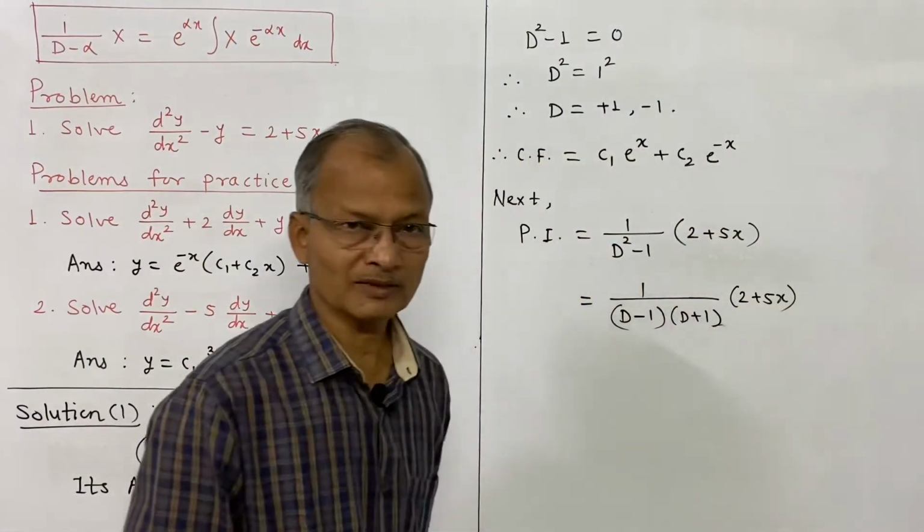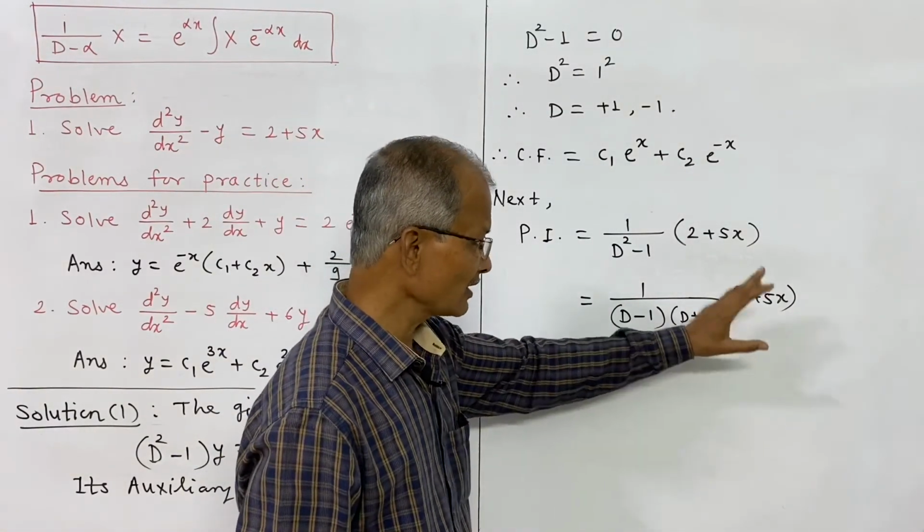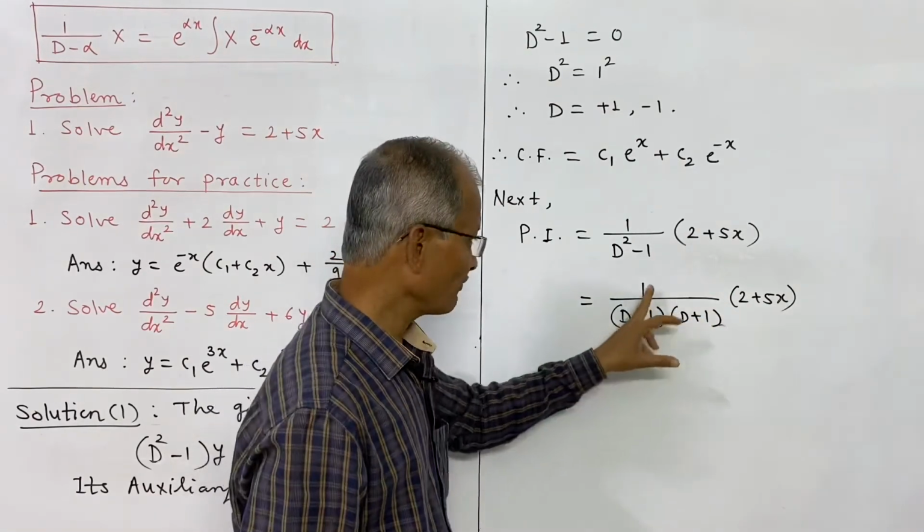Now there are two methods we have seen. Either operate 1 upon D plus 1 first on 2 plus 5x and then, after obtaining the resulting value, operate 1 upon D minus 1.